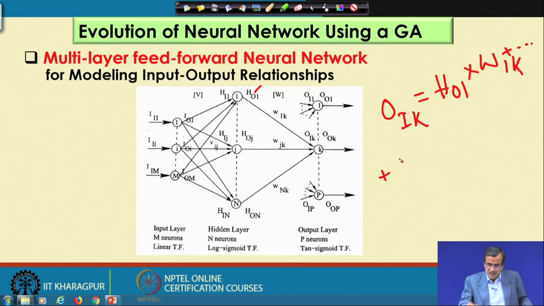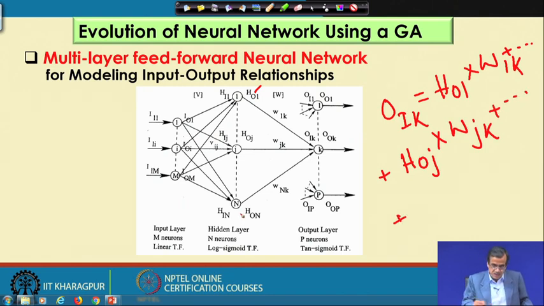The next is H_Oj multiplied by W_jk, a few terms are there, and the last term will be H_On multiplied by W_nk.